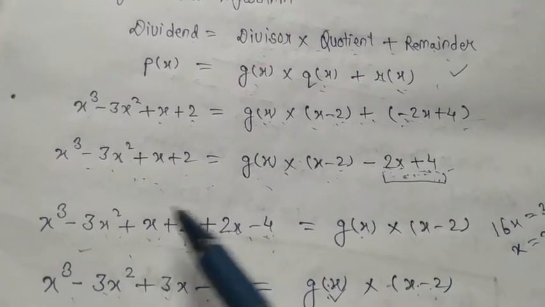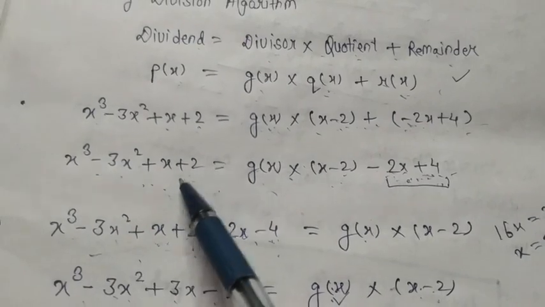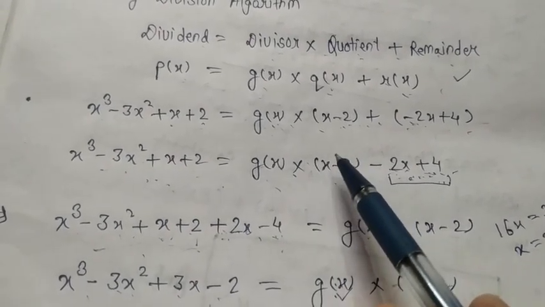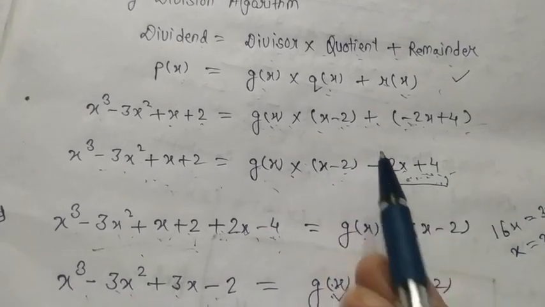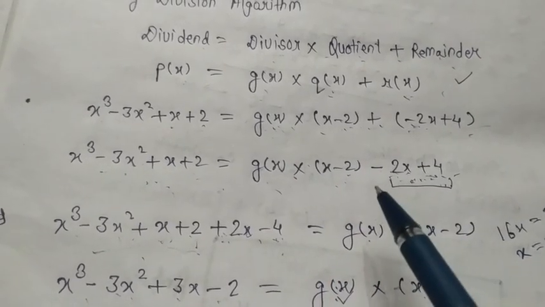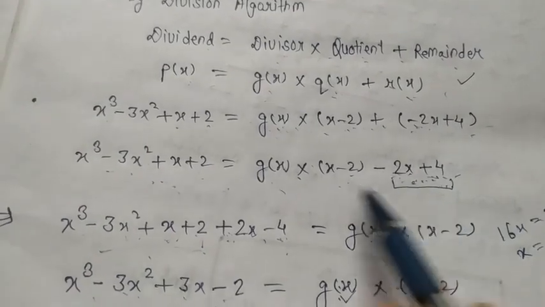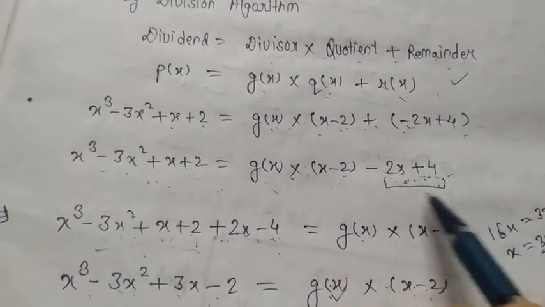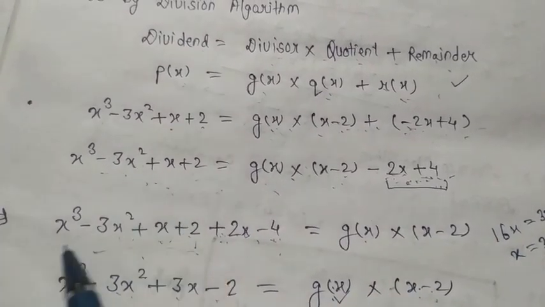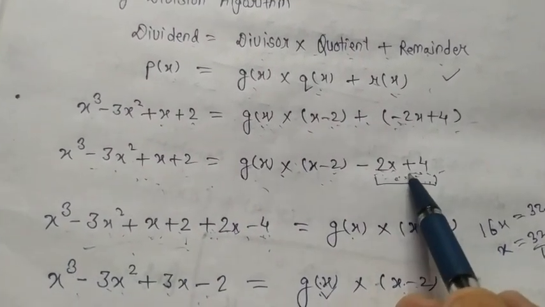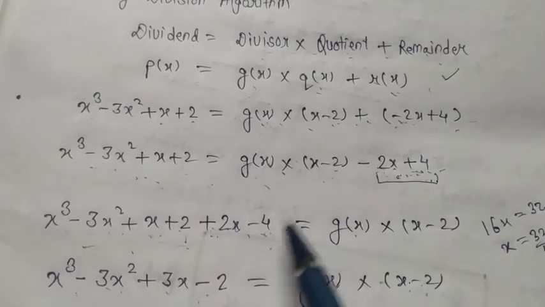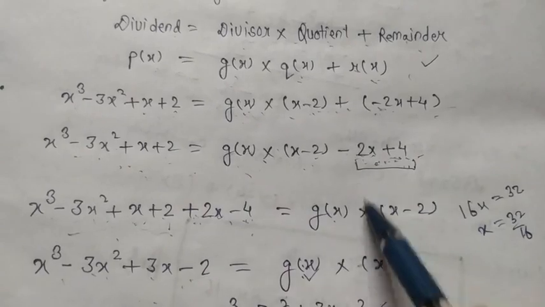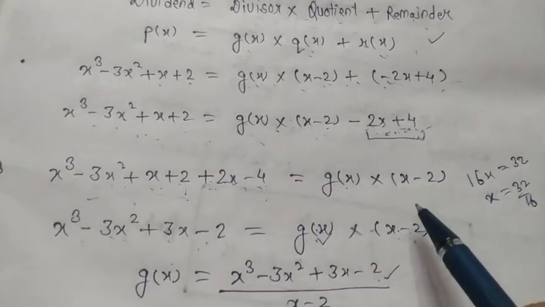Now this is the same, and we have to solve for g(x). So what we will do, we will put the known terms on one side and the unknown term on the other side. So I am transferring this term to this side. When it is transferred from this side to this side, its sign will be changed. So this I have written as it is, and when it is transferred, it will become plus 2x and it will become minus 4, equal to g(x) into x minus 2.